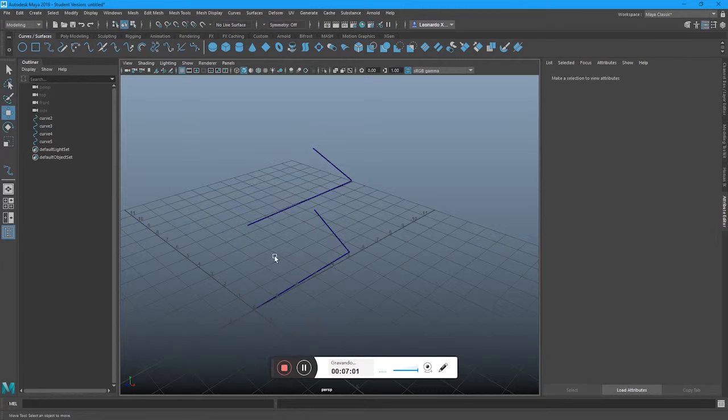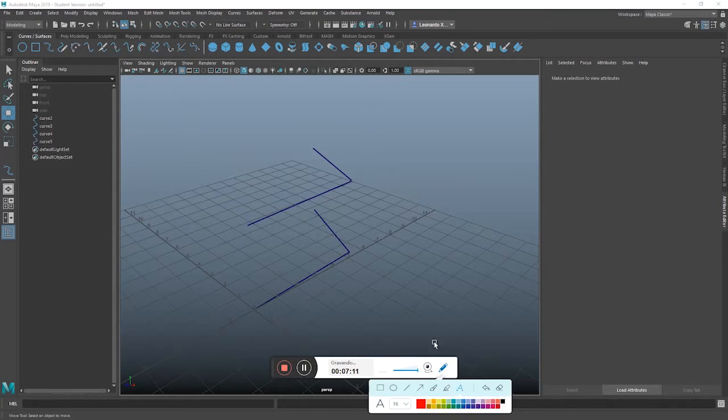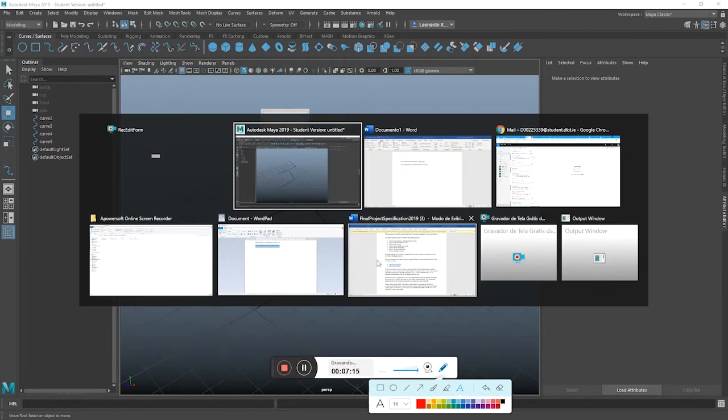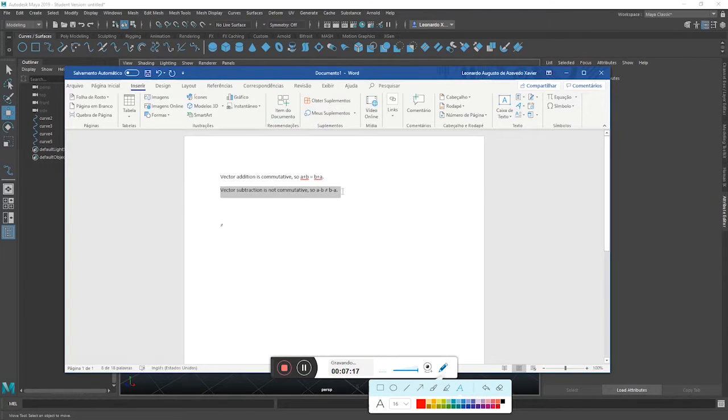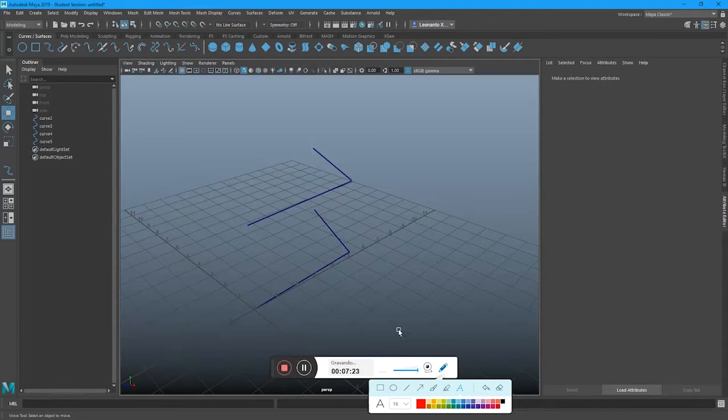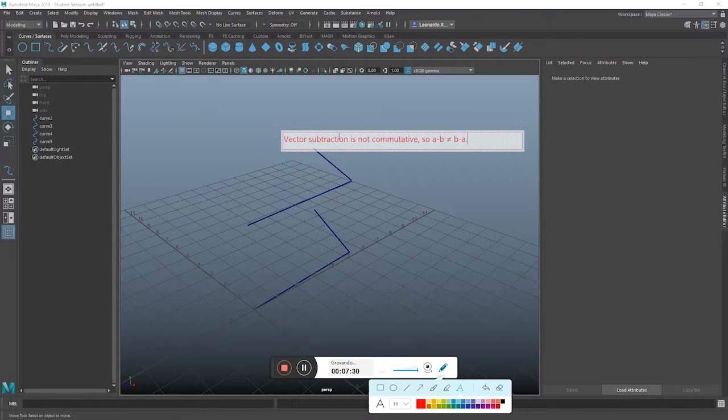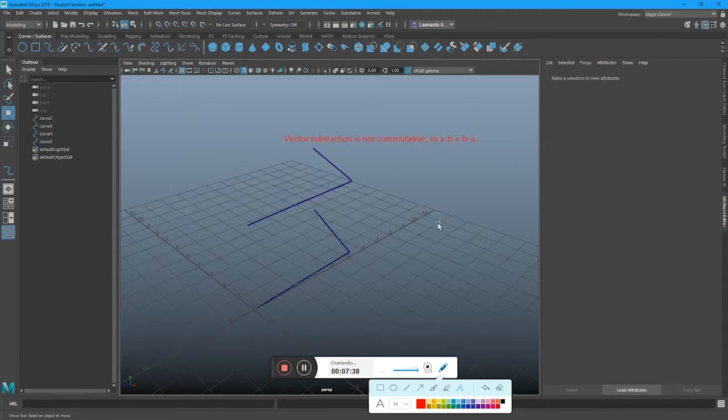And I just forgot to say that the rule for subtraction is different from the addition one. Vector subtraction is not commutative. So A minus B is different from B minus A.